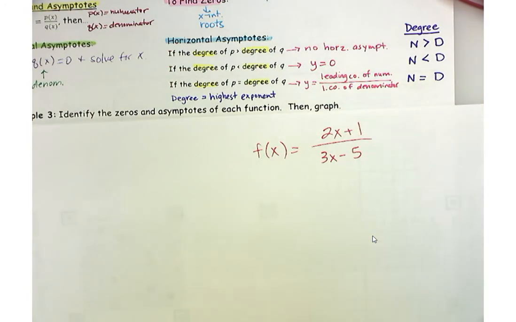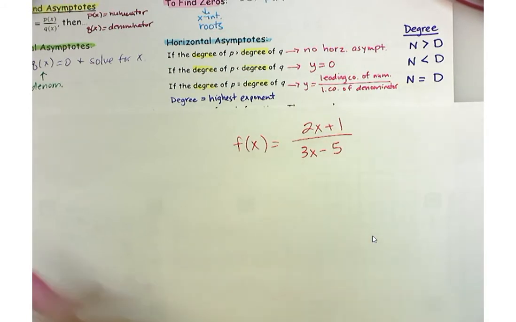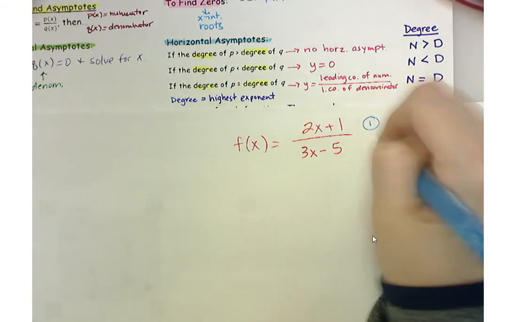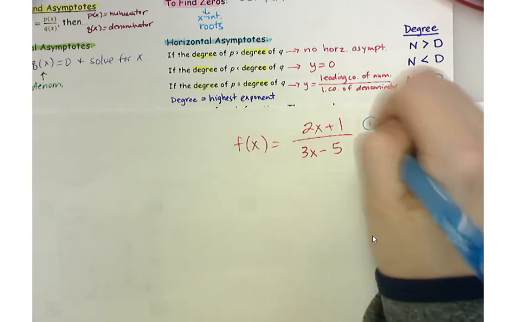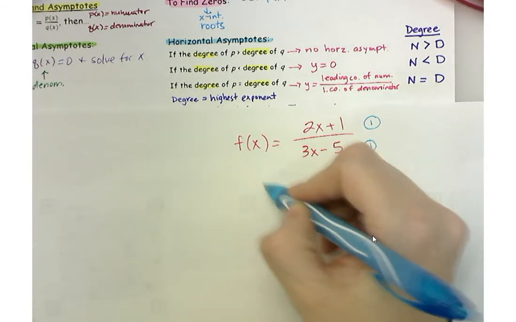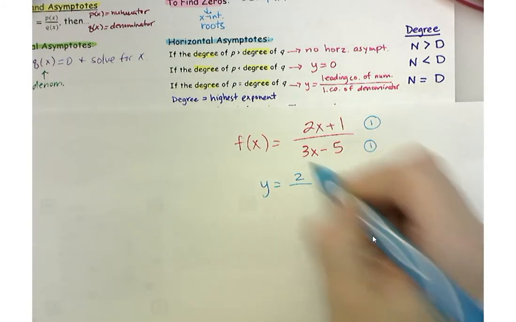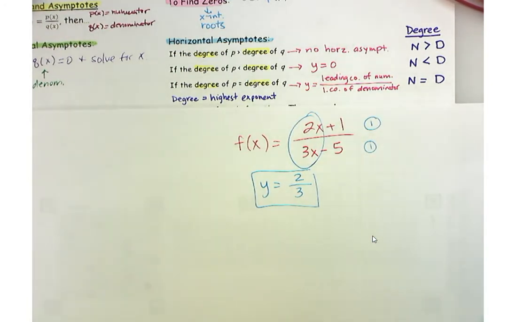And we are going to do some graphing now in example 3. In example 3 it says identify the zeros and the asymptotes of each function, and then we're going to graph it. You do need to put the asymptotes on your graph, so make sure that you do that.